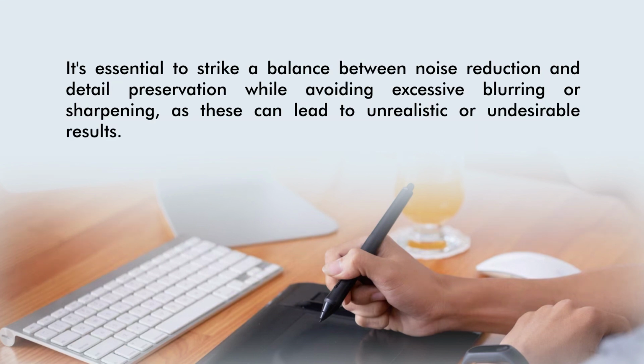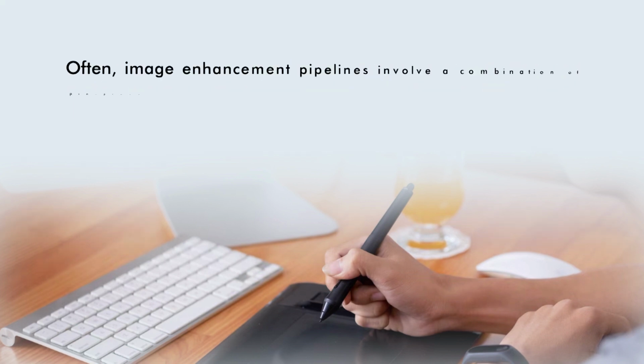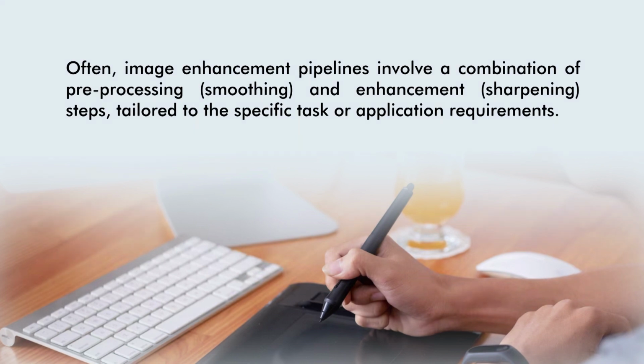It is essential to strike a balance between noise reduction and detail preservation while avoiding excessive blurring or sharpening, as these can lead to unrealistic or undesirable results. Often, image enhancement pipelines involve a combination of pre-processing or smoothing and enhancement such as sharpening, tailored to the specific task or application requirements.